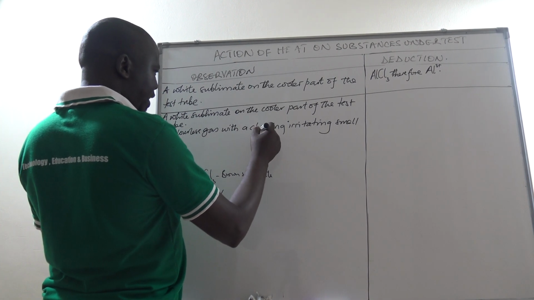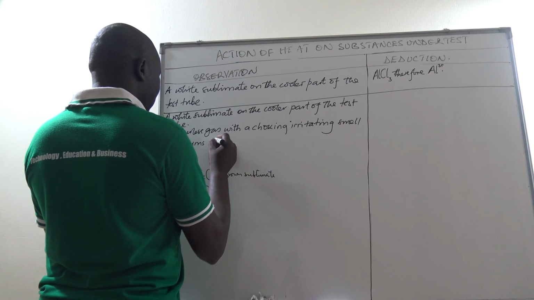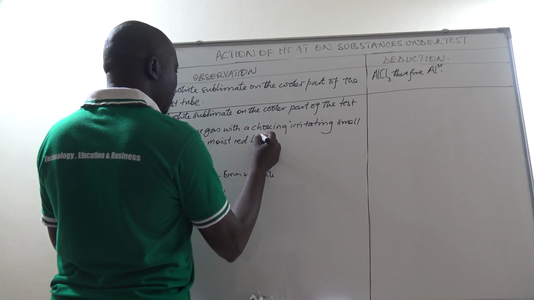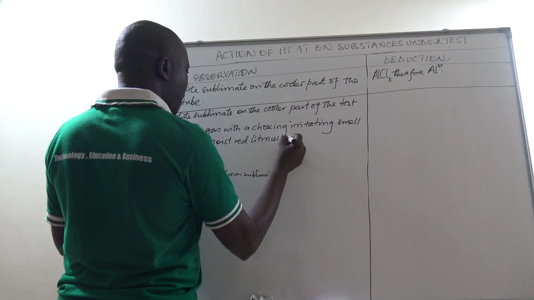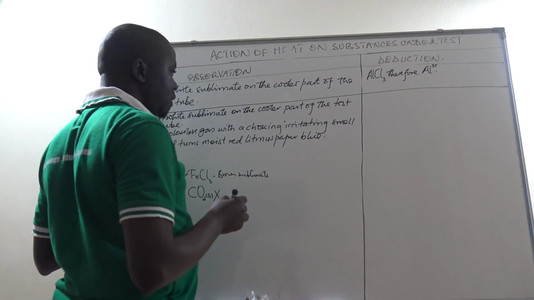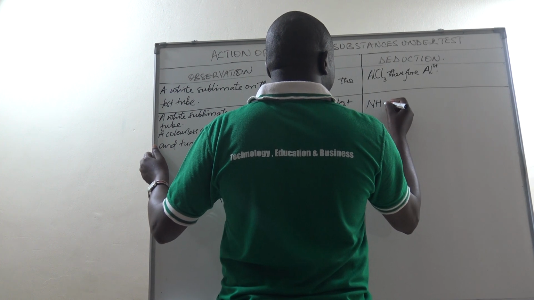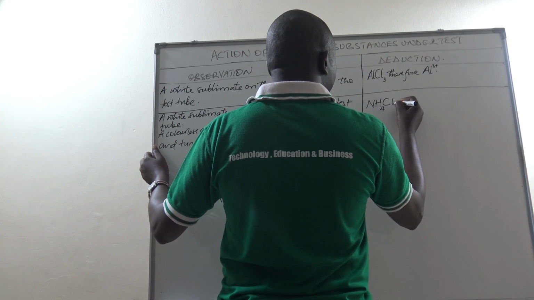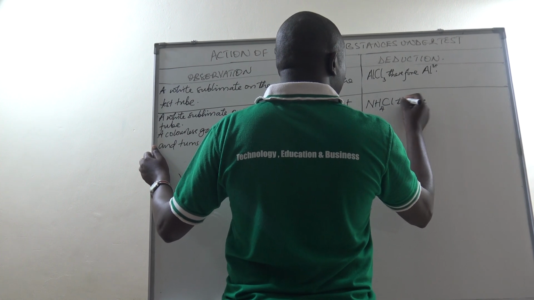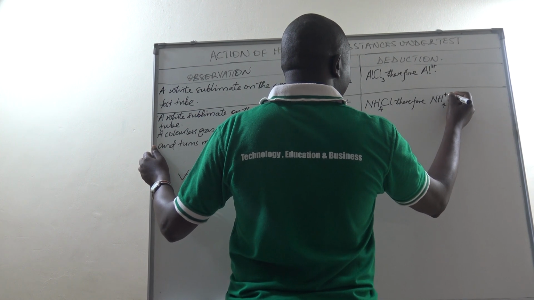A colorless gas with a choking irritating smell and turns moist red litmus paper to blue. So this one is our ammonium chloride. Therefore, there is ammonium ion.